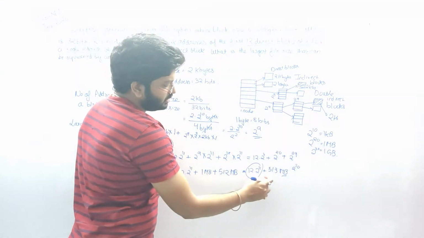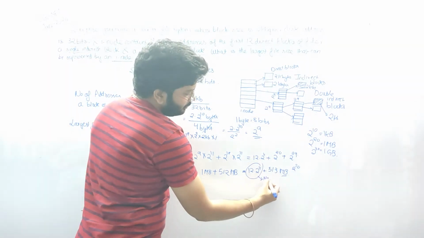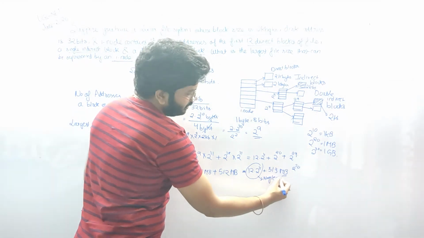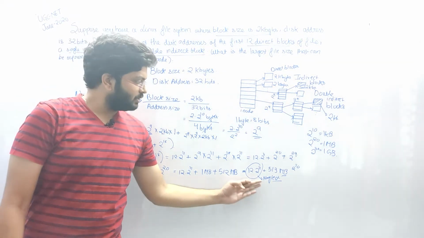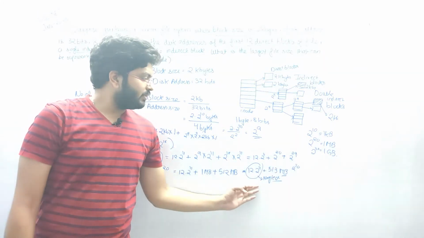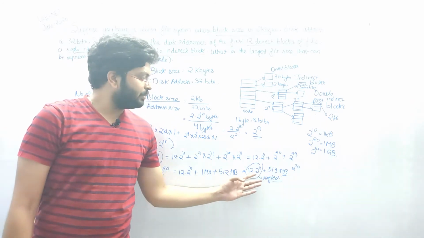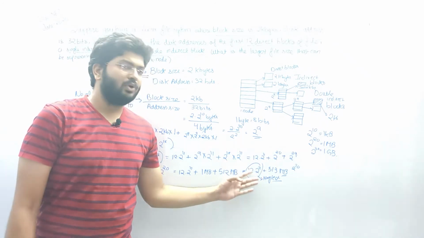In such equations you can simply neglect this term, because in comparison to 2 power 20, this 2 power 11 is small. To convert it to KB you write 2 power 10. So in this case it will be 24 KB.